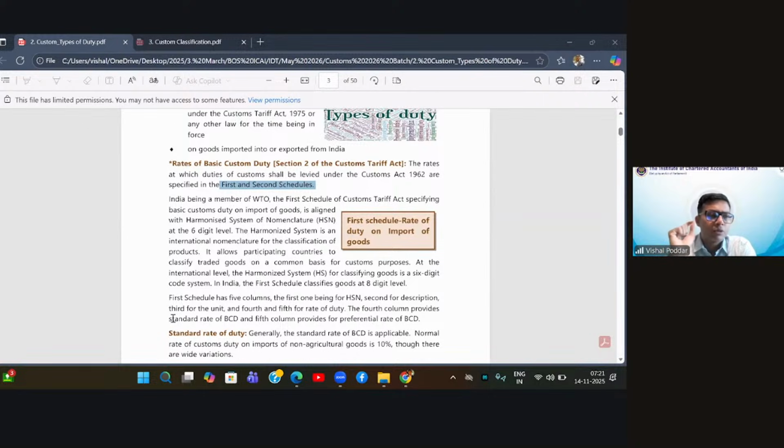When you read Section 2, it says that the duties which the Customs Act has provided are specified in Schedule 1 and Schedule 2. Schedule 1 and 2 are providing for the basic customs duty.